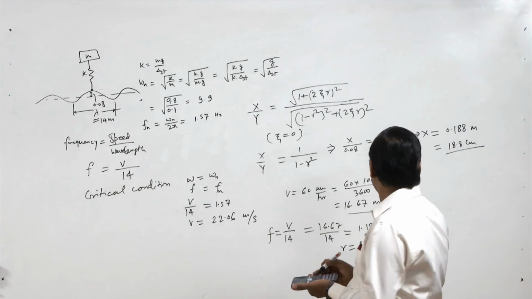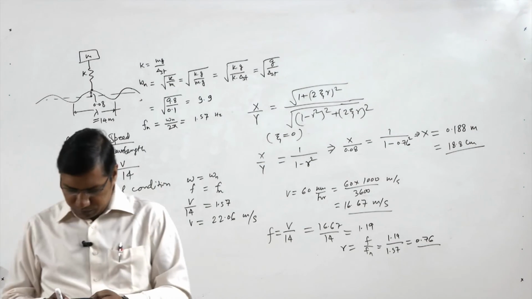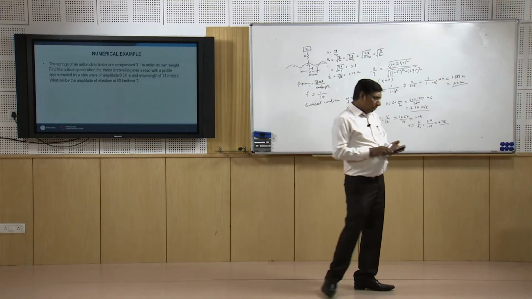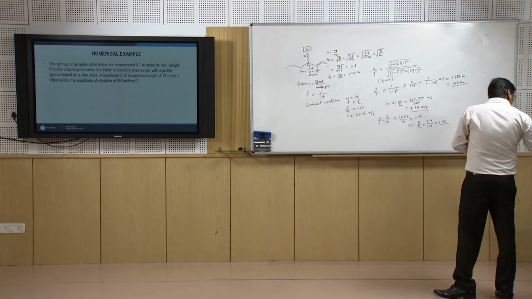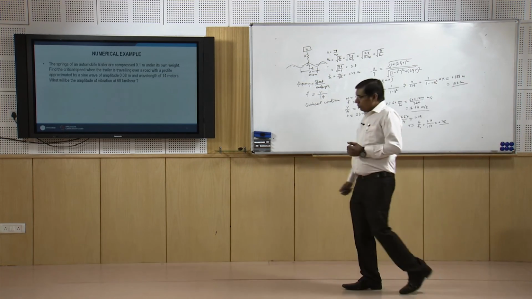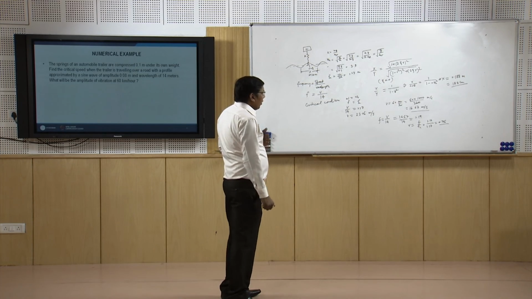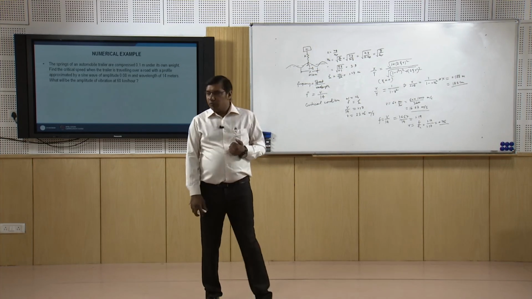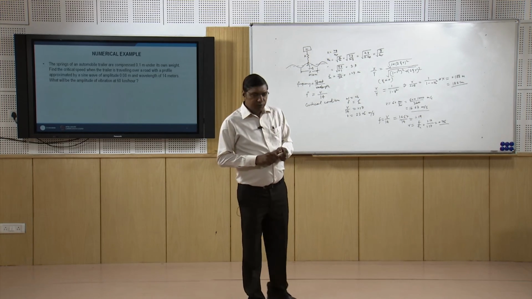So this is the absolute amplitude of the vibration of the trailer when it moves at a speed of 60 kilometer per hour.